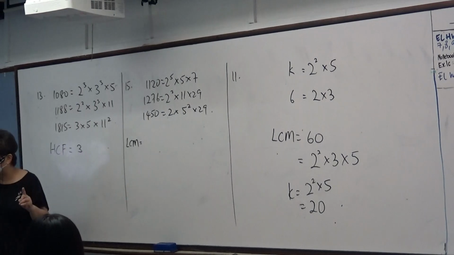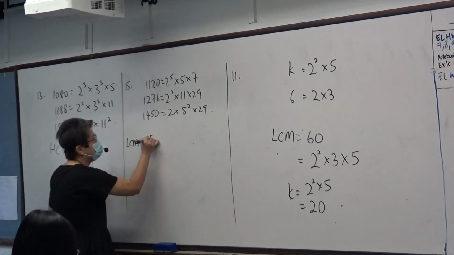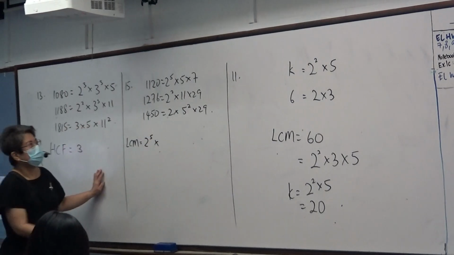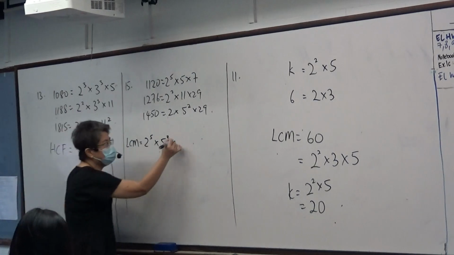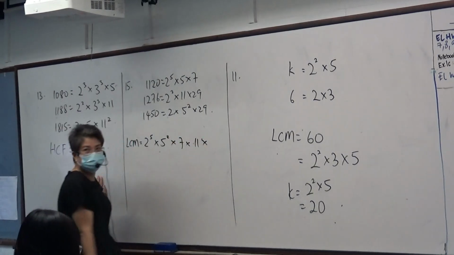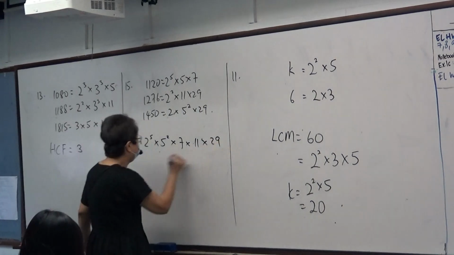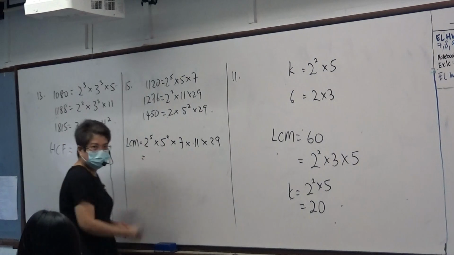Now, can you see this one is a bit tricky? Can we get 2 or not? Okay, 2 power what? 5, good. Then 5 power 2, then 7, good. Then 11, then 29. Now this is in index notation. Key in your calculator.